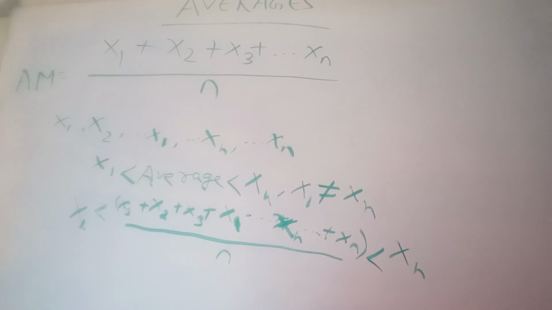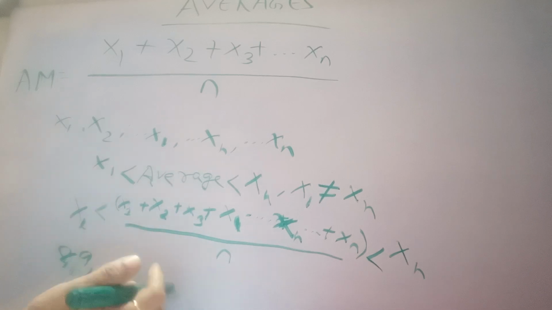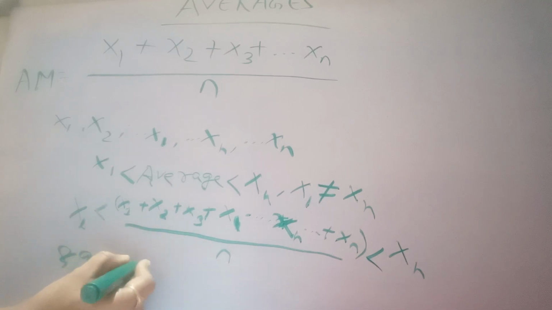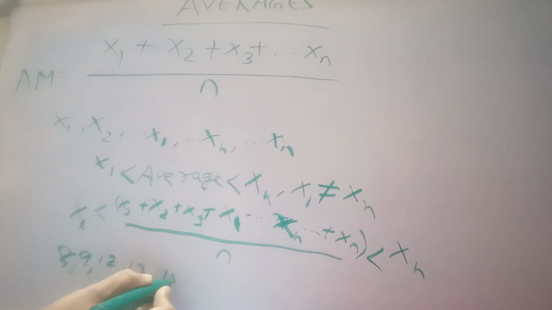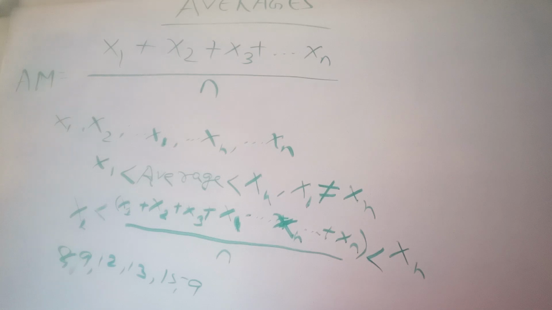Let's see one example so that we can understand. There is one question: the average of 8, 9, 12, 13, 15 and 9 is how much? We will see. How many numbers are there? 1, 2, 3, 4, 5, 6.